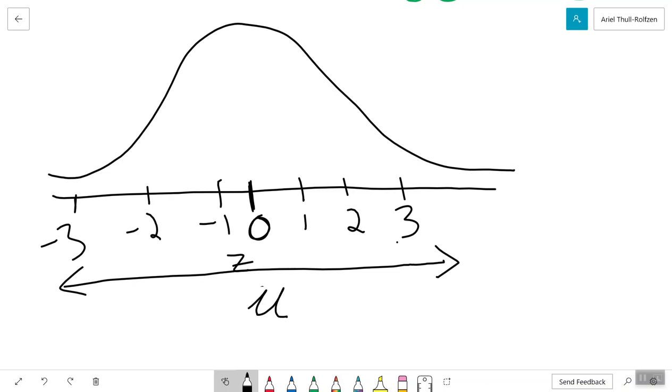So let's use our previous example. We had a Z-score of -3.72. I can go on this table and draw a line at -3.72, and I'll say -4. -4 is going to be right here, and -3.72 is about right there.